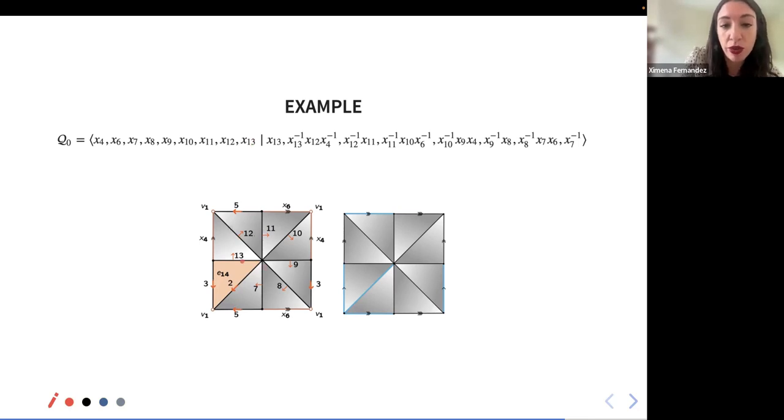So if you start with the presentation of the original complex, and then every time you perform an internal collapse, here, this is the presentation that you obtain when you use trees.